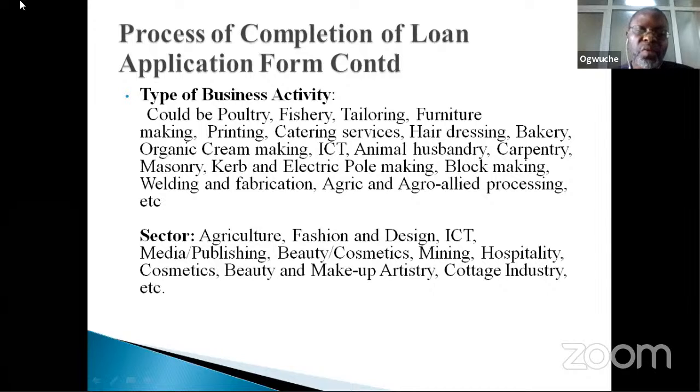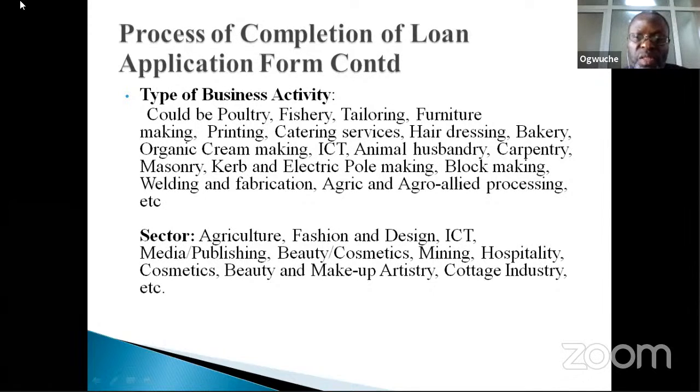Then, of course, in terms of sector, you have agriculture, fashion and design, ICT, media and publishing, beauty and cosmetics, mining, hospitality, cosmetic, beauty and makeup artistry, cottage industry. So for business activity, poultry and fisheries, for example, fall under agriculture, which is a sector.